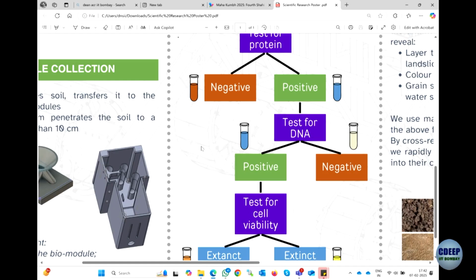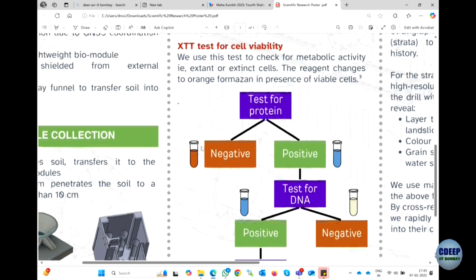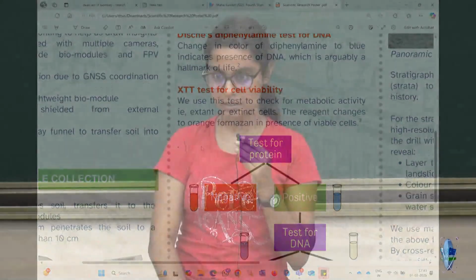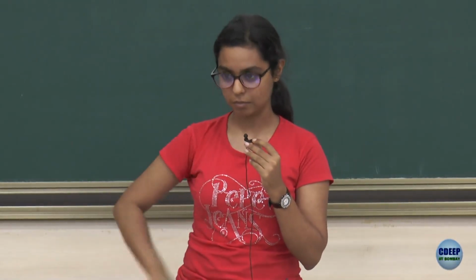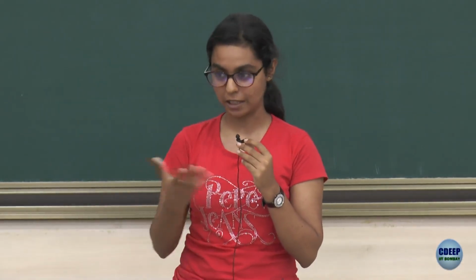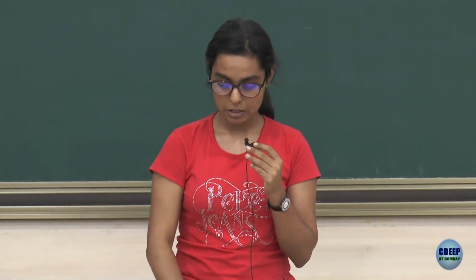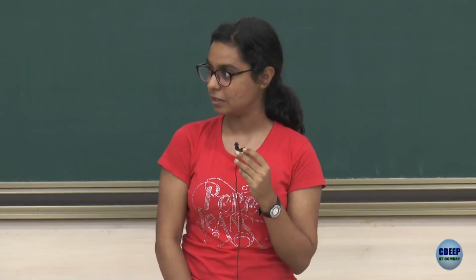This does not react with RNA, which is a failing on our part. We do not have a better test to test for DNA. But since we look at DNA, it is essential to test for life. As we know it, it contains genetic information for everything, which is why we chose to get this test.